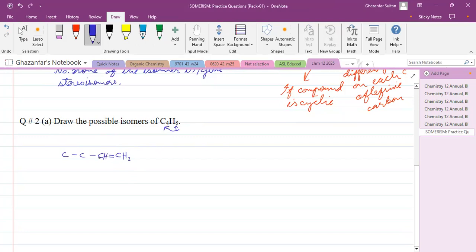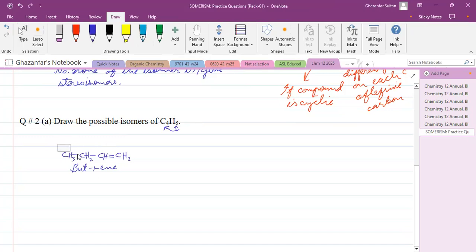And here 3 have been satisfied, 1, 2, 3, so 1 hydrogen is there. There should be 2 hydrogens and there should be 3 hydrogen atoms. So the name of the compound should be butene, because the double bond is between the 1 and 2 position.